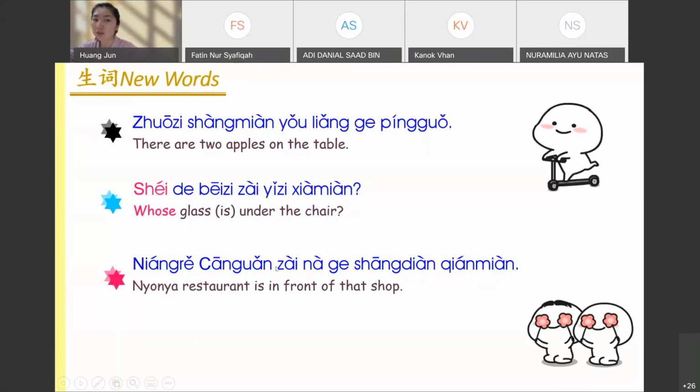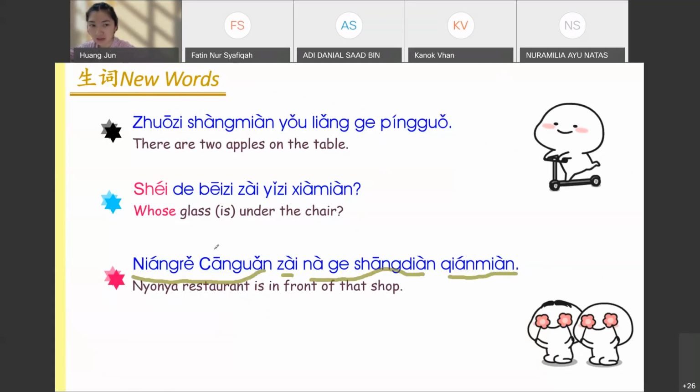So make sure, English and Mandarin sentences are different when showing location. The sentence pattern is A is in front of or behind B. This will be the structure. For example, I'm in front of you, we will say 我在你前面.